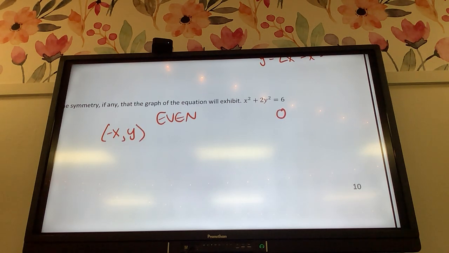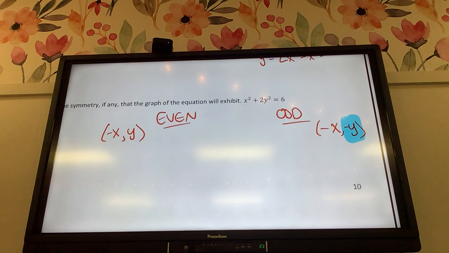And if you're checking for odd graphs, you're plugging in -x, -y. You have to do both if it's implicit. But what you're looking for is for it to simplify out to the original function. We're not looking for opposites anymore because we're plugging in the opposite part into the function, like the -y. So it'll simplify out to just be the regular function. Does that make sense?